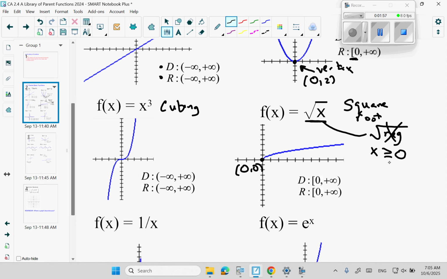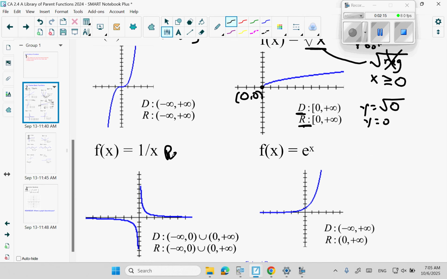If I plug in 0, because of this domain restriction, we get y equals the square root of 0, so y equals 0. We find that 0 is also a fixed endpoint, and that's why the range is also restricted.